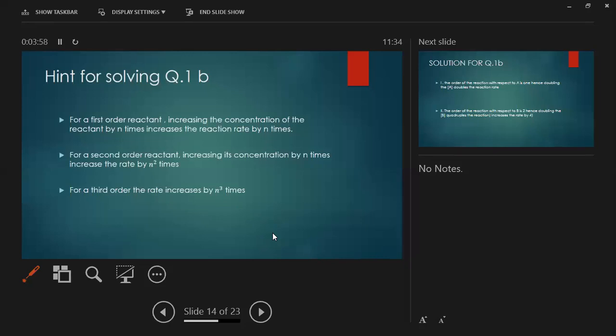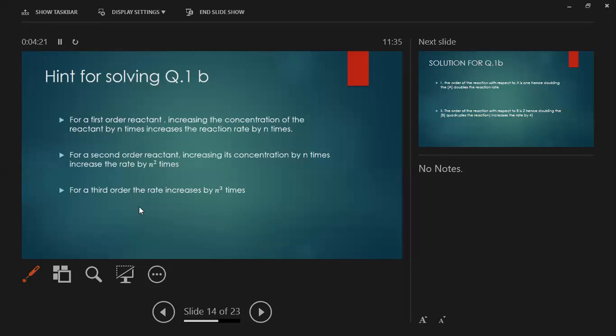Therefore, if we triple the concentration, that is, we multiply the concentration of that reactant by 3, the rate should be 3 squared. That will give us 9 times the initial rate.